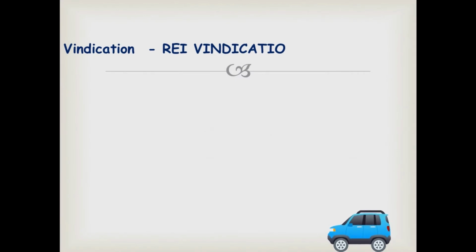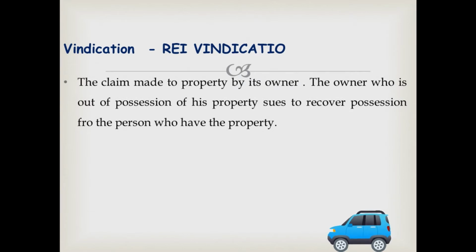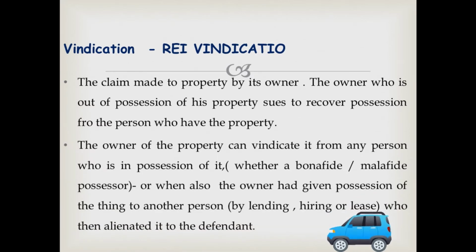We'll start off with vindication. Vindication is the claim made to the property by its owner. The owner who is out of possession of his property sues to recover possession from the person who has that property. The owner of the property can vindicate it from any person who is in possession of it, whether the person who has the property is a bona fide or a mala fide possessor.